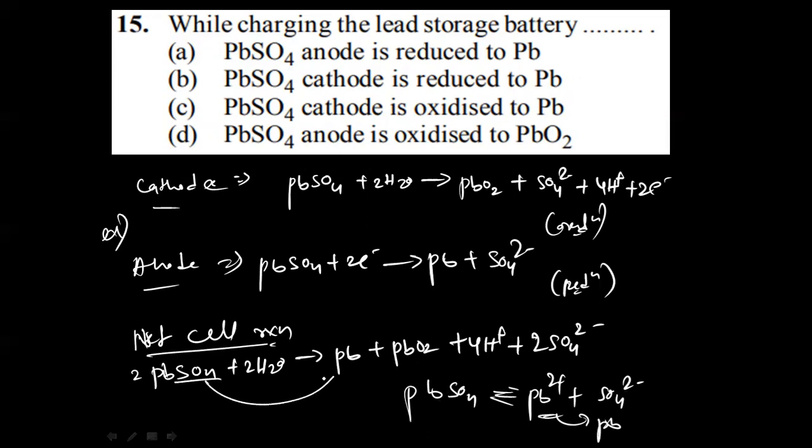So here we can observe that PbSO4 acts as anode, and the Pb2 plus ion is reduced to Pb with zero oxidation state. So for question number 15, it's option A.